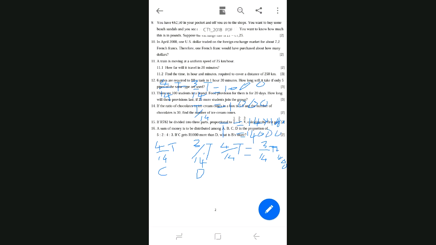So in that case, once we know the total, we can easily find B share. B share was 2 out of 14, obviously, times 14,000.